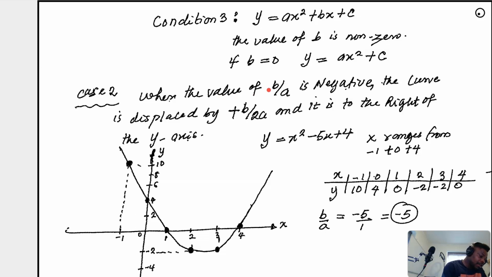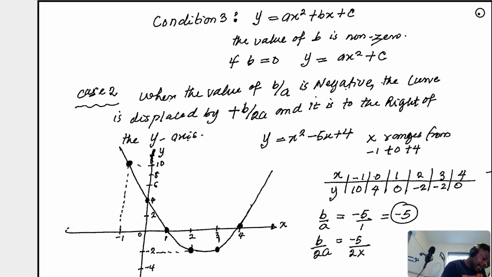So when the value of b over a is negative, the curve is displaced by b over 2a, and it is to the right of the y-axis. You can see the curve is to the right of the y-axis. Now, it's displaced by b over 2a. Let's see, what is b? Minus 5. 2 times, so what is a?